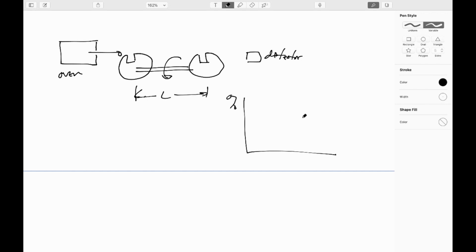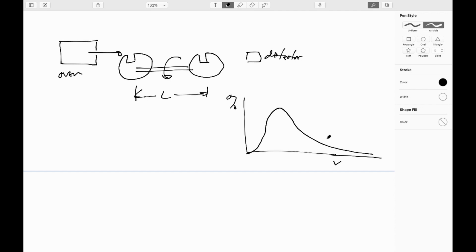So when you do that, you can plot the fraction of molecules that are going at a particular speed. And what you get is it isn't a bell curve. It looks bell curve-ish, but then it has a long tail like that. This actually gets called the Boltzmann distribution.